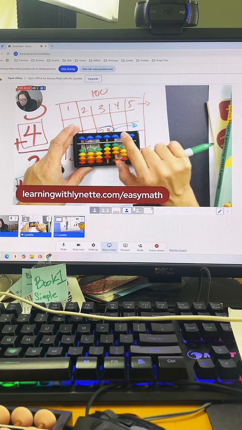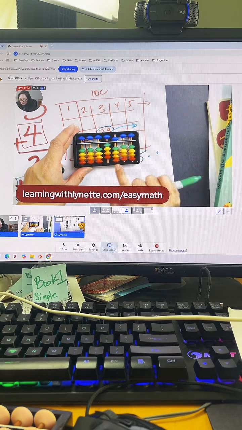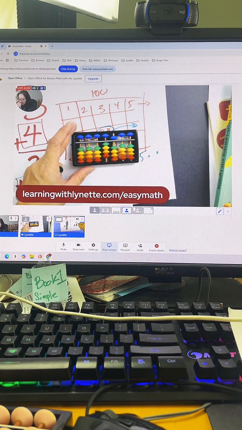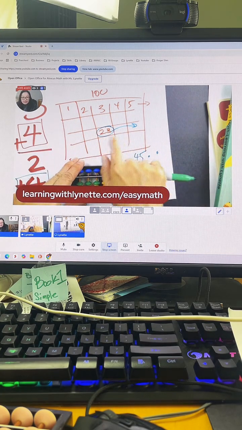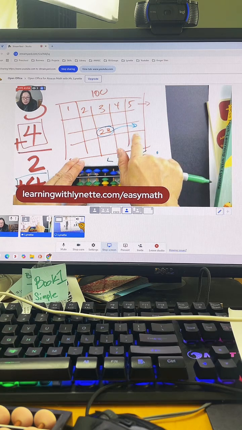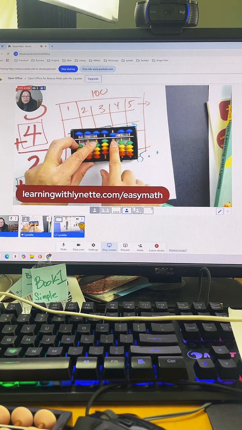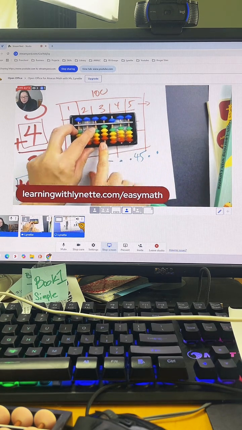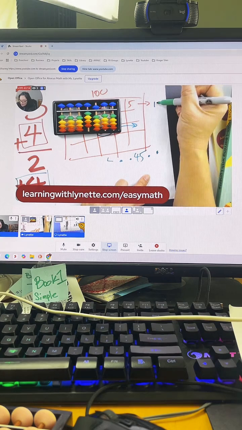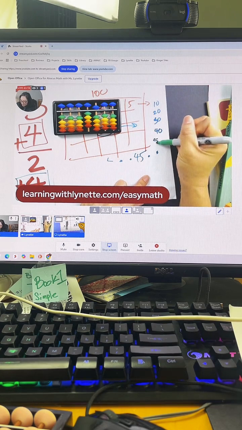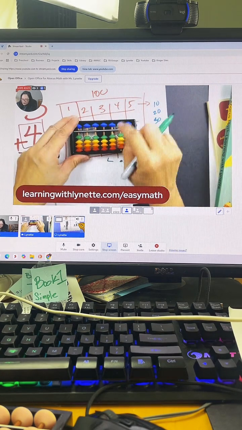When they count on the abacus, it's 46 and then 47. They just need to add the bead. When they want to know what's before 45, they know that it's 44 and then 43. So the cool thing about the abacus is that it helps them see the numbers as opposed to the symbols of the numbers.